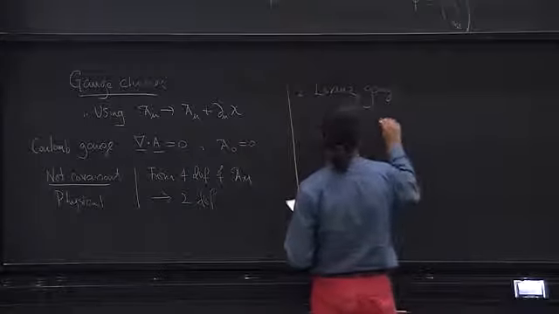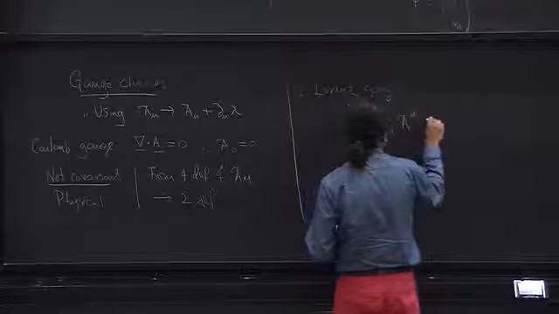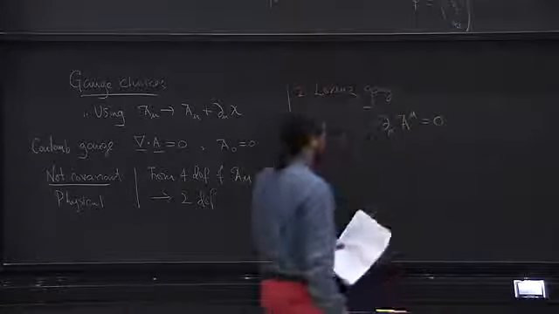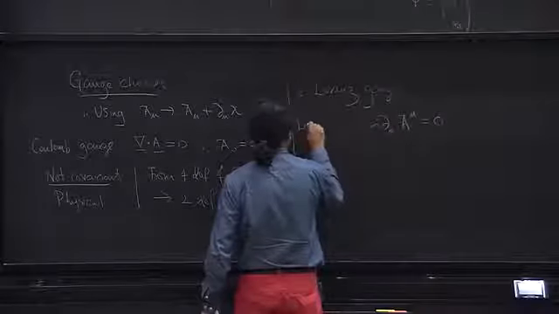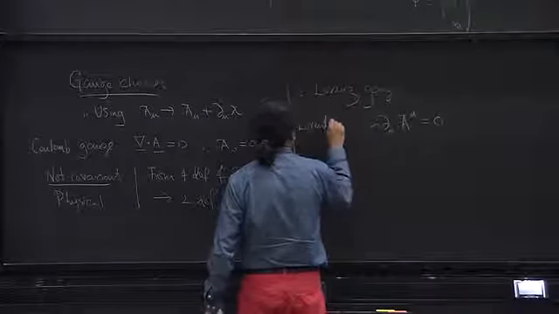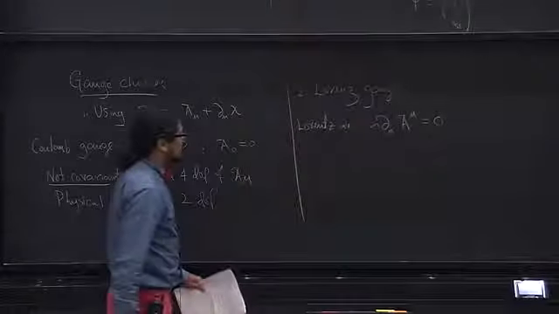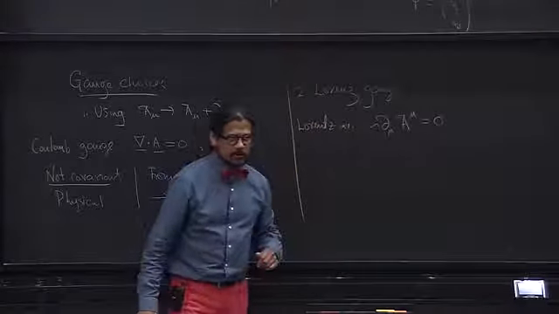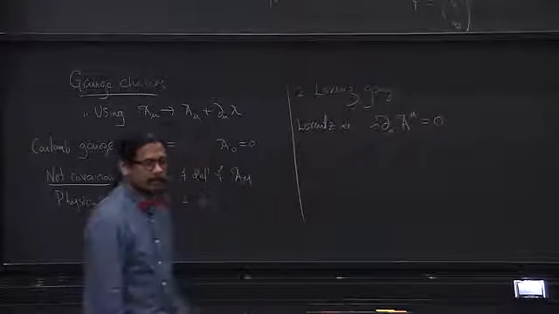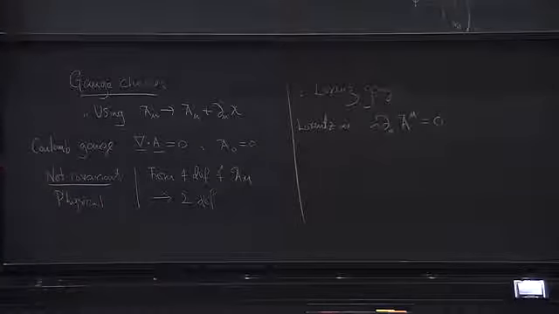The Lorentz gauge is choosing this to be 0. So this is covariant, or Lorentz invariant. These two Lorentzes are not the same, as was pointed out by Jackson.